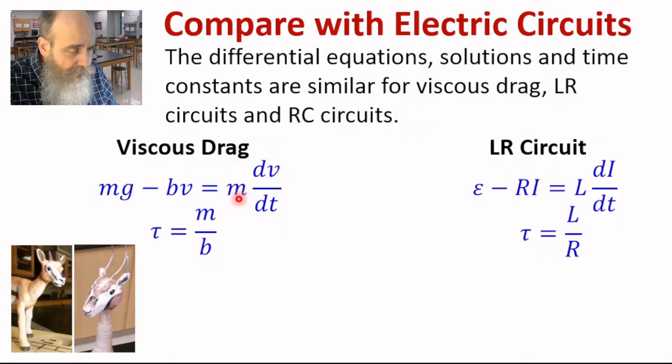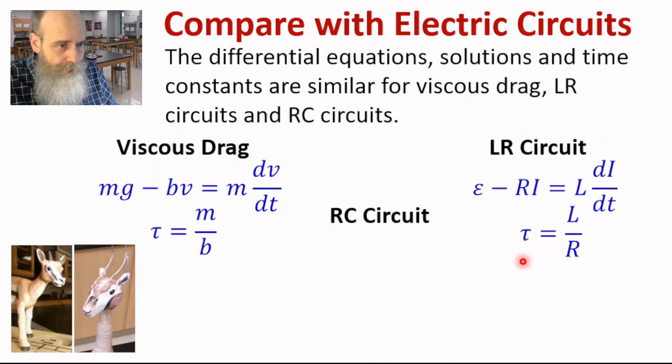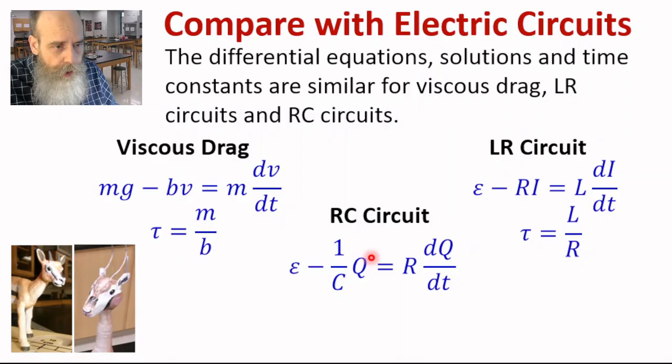For viscous drag, we took the coefficient of dv by dt and divided by the negative of the coefficient of v, so m over b. And for here, the coefficient of dI by dt divided by the negative of the coefficient of I, so L over R. And also, we have the RC circuits. This is our equation. Now we want to find Q, charge, as a function of time. And E, C, and R are all constants.